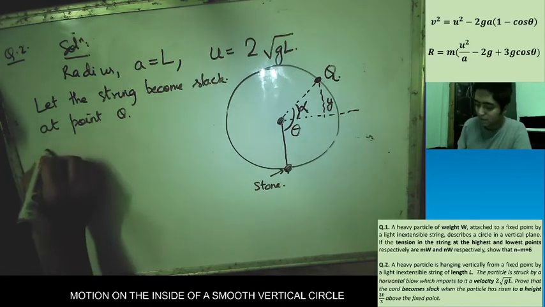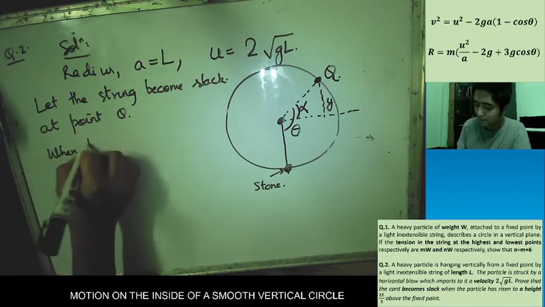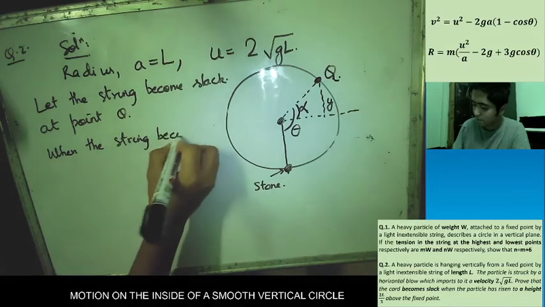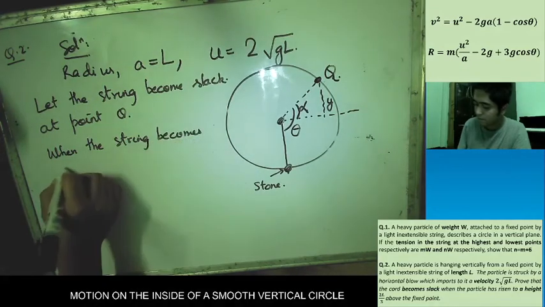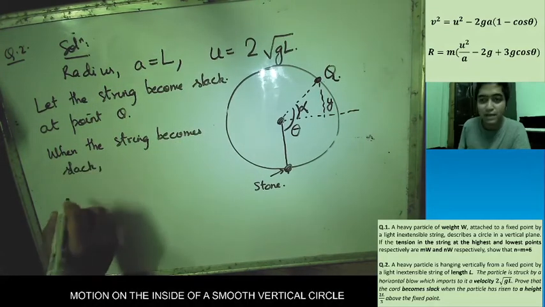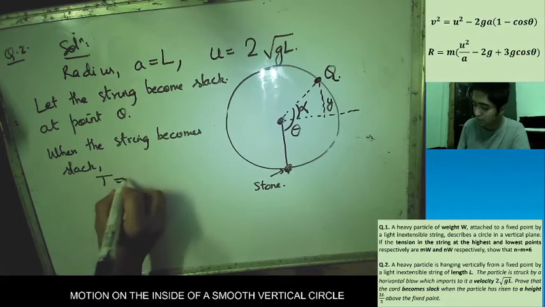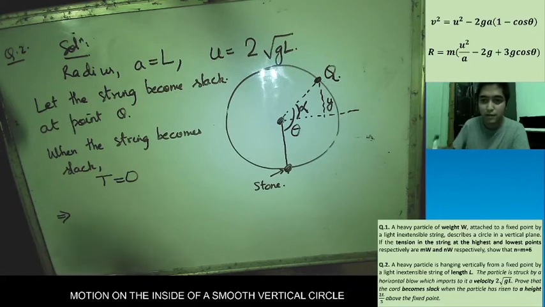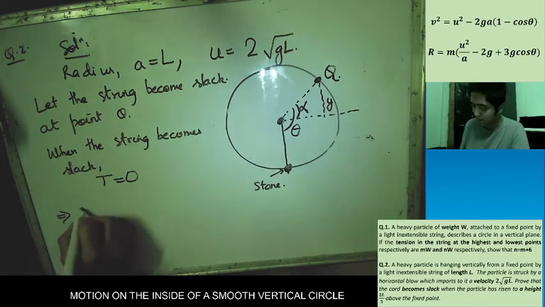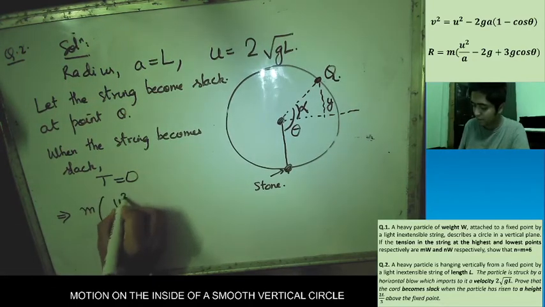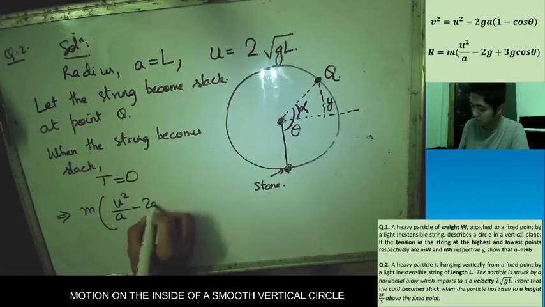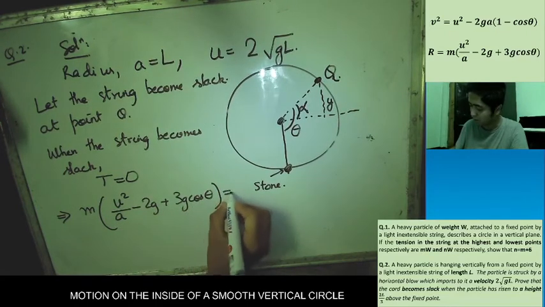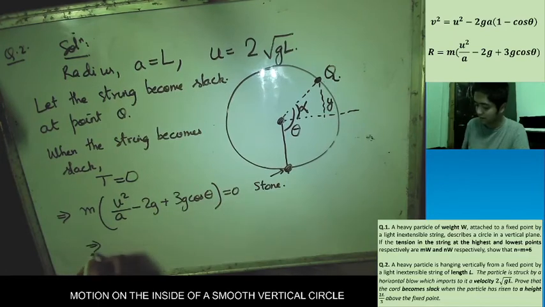When the string becomes slack, then T will be equal to 0. There is no longer any tension. So by using the formula above, we will be having m u square upon a minus 2g plus 3g cos theta equal to 0.